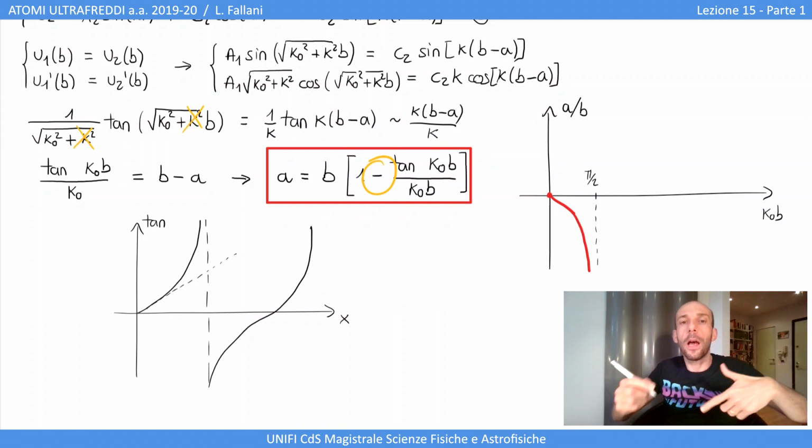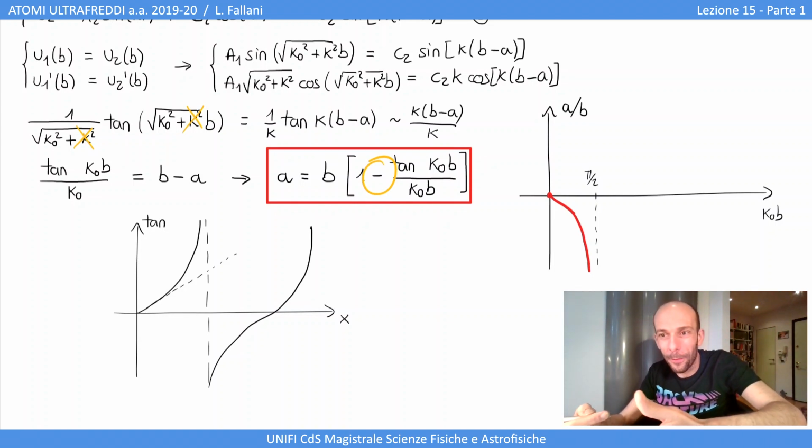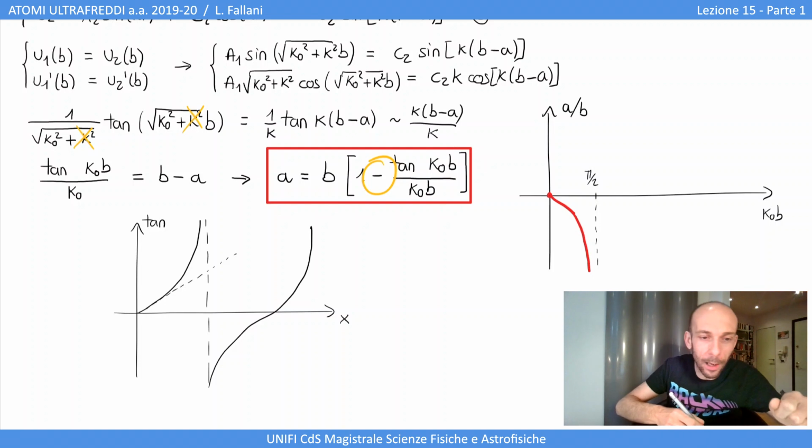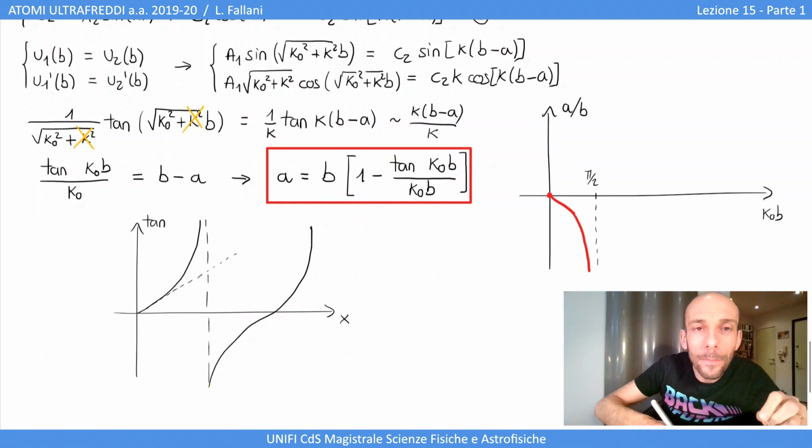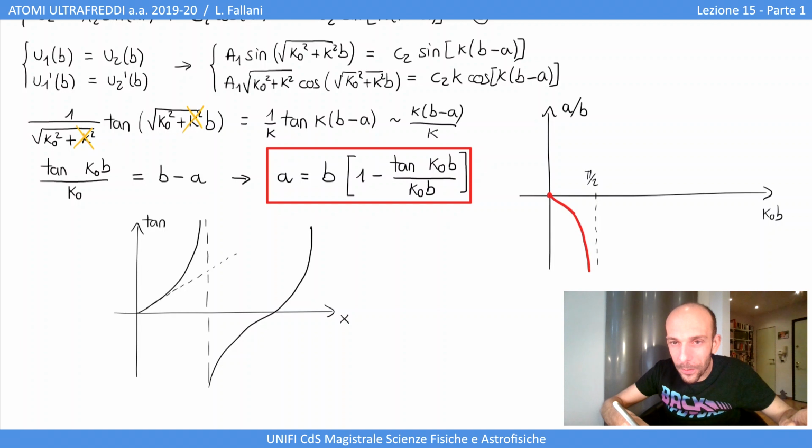And then for values larger than pi half, the tangent starts again from minus infinity, so this means that the scattering length should start decreasing from infinity.